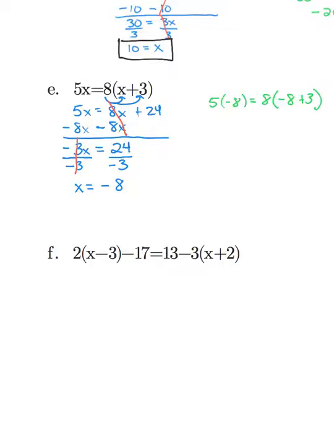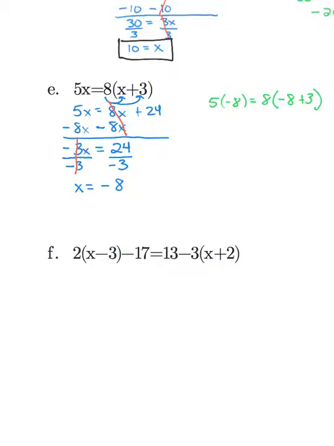I don't recommend using distribution when you are checking your solution, only because if you made a mistake distributing in the original problem, there's a very good chance you're going to do it again when you're checking. So when I'm checking my solution, I prefer following order of operations exactly the way we did when we worked with numbers. So the first thing I want to do is simplify inside the parentheses on the right side.